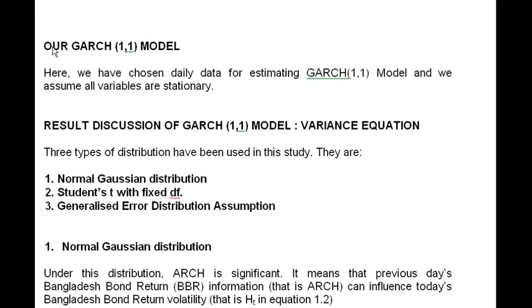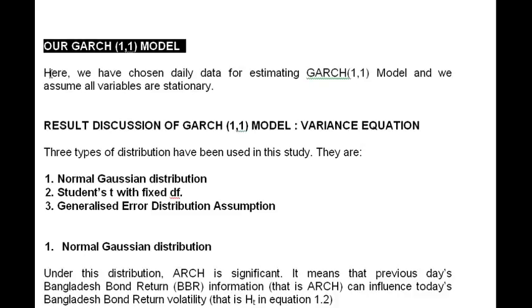Okay, here we have the GARCH model. Our GARCH model is 1 by 1. So that is our model. 1 by 1 means there is one ARCH term and one GARCH term.